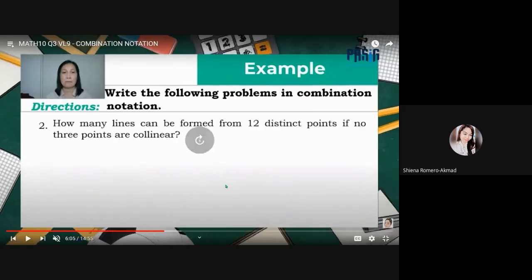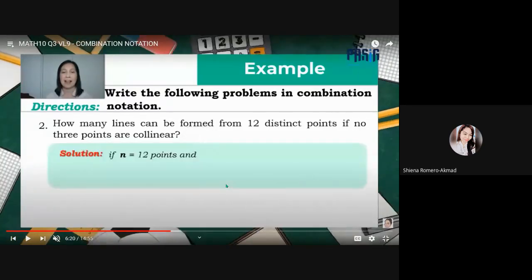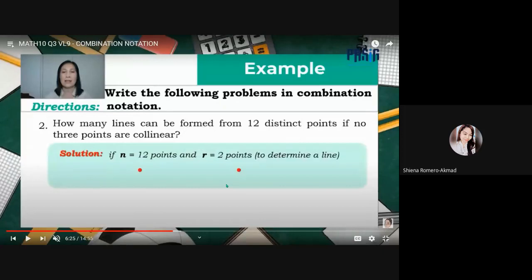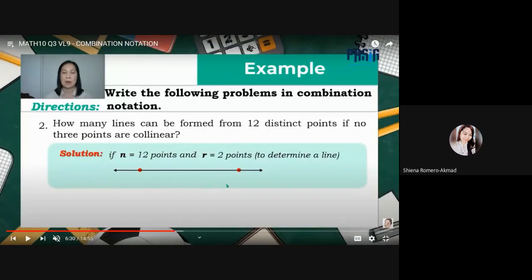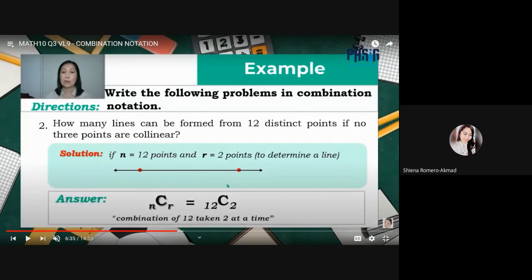Next. How many lines can be formed from 12 distinct points if no 3 points are collinear? Combination of 12 taken 2 at a time.